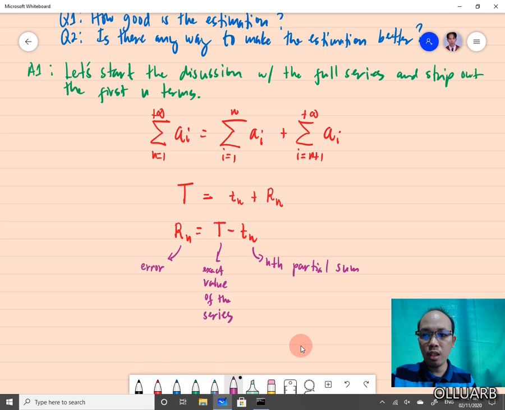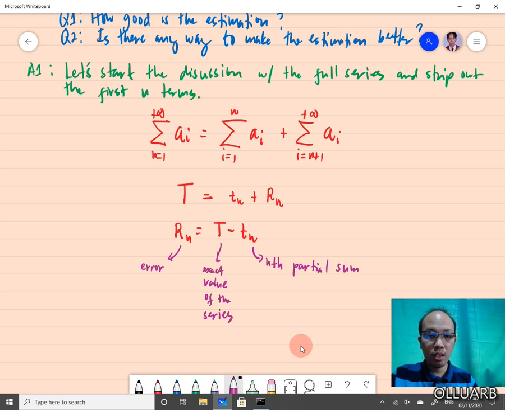Since we don't have the actual value of the series, and we assume that the series is convergent, we can use some of the tests that we've got so far for convergence to get a pretty good estimate of the remainder, provided that we have some assumptions about the series.